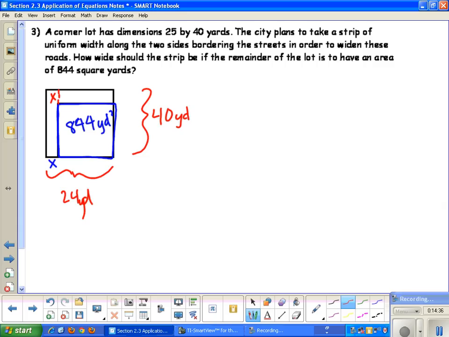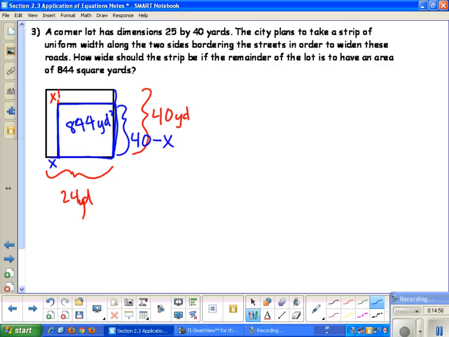Now, if we're cutting off x amount from this, then we have to figure out what this new length right in blue is going to be. So we're cutting off this x amount from here to here, so 40 minus x gives us this distance. So that distance would be 40 minus x yards.